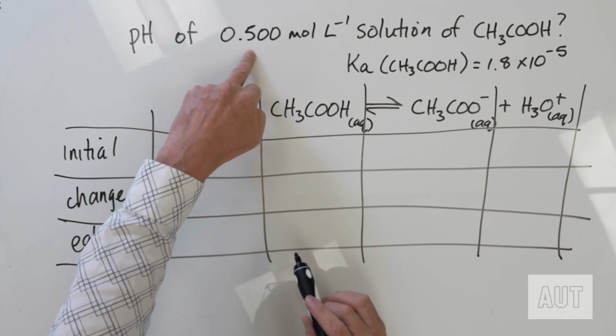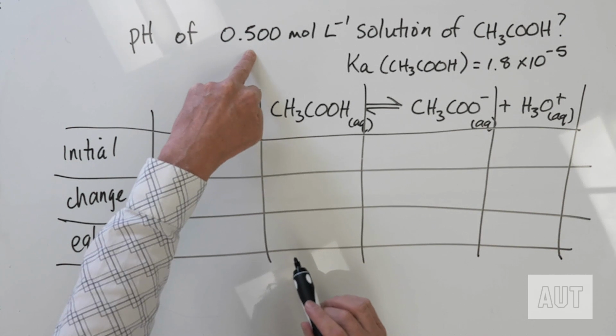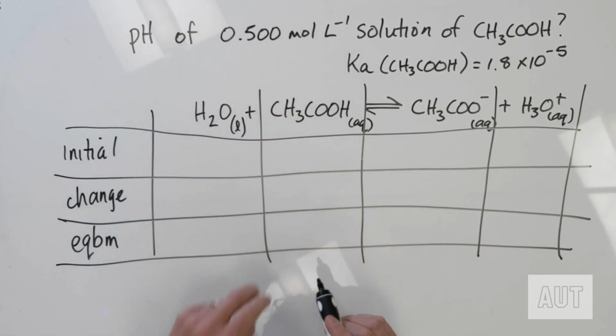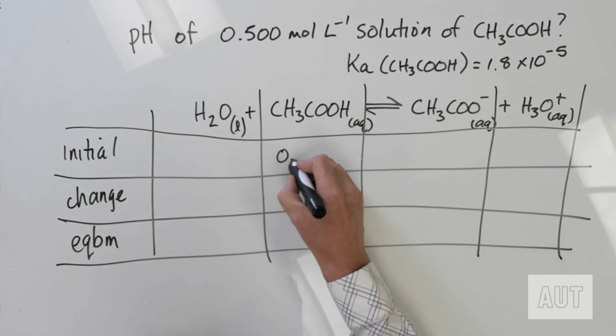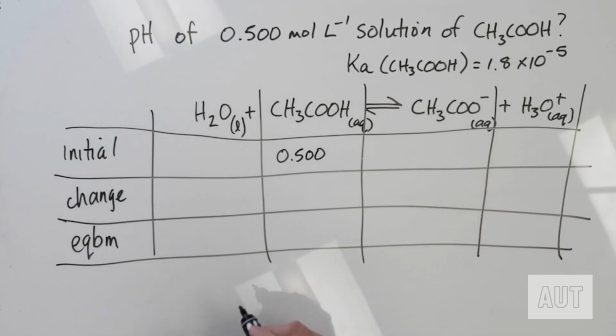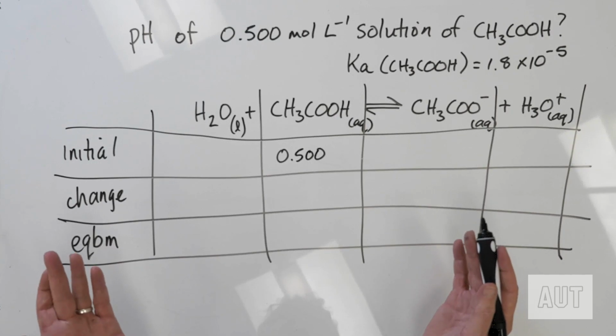So, what do we know? What is the piece, or what are the pieces of information that we've been given in the question? We're told we have a 0.5 mole per litre solution of acetic acid. So the initial concentration of acetic acid is going to be 0.500 mole per litre. We know that, okay?